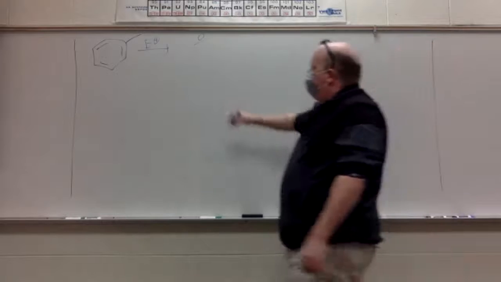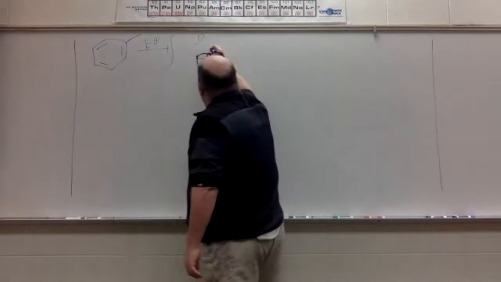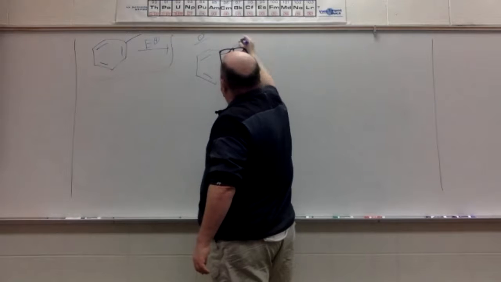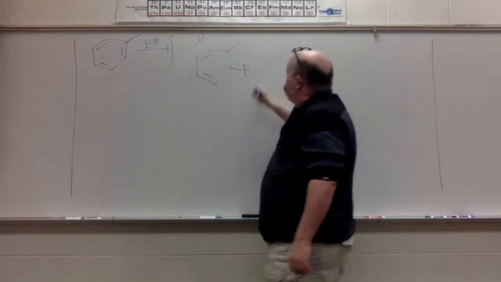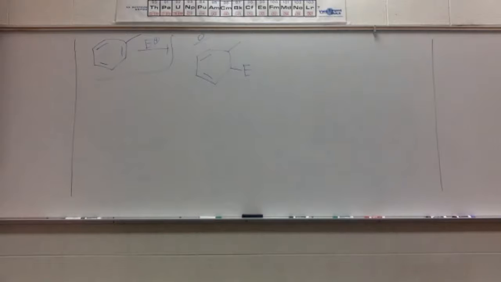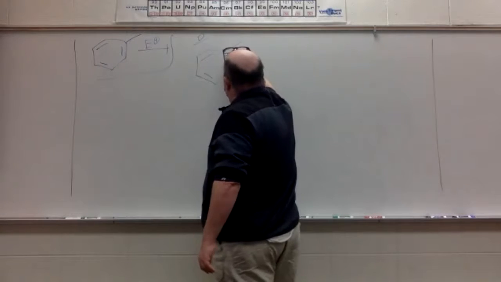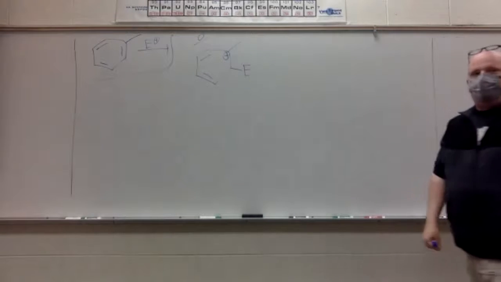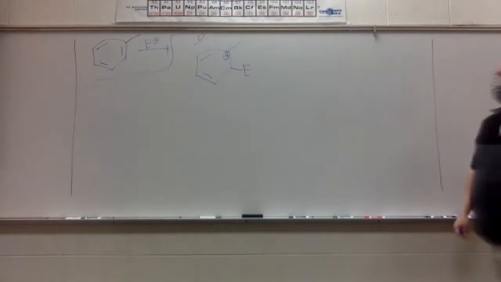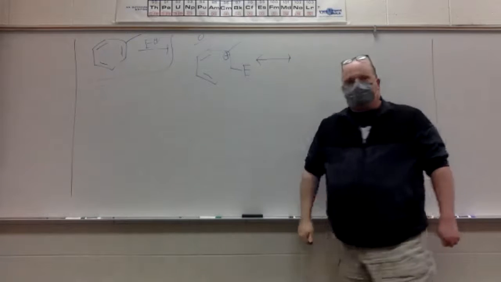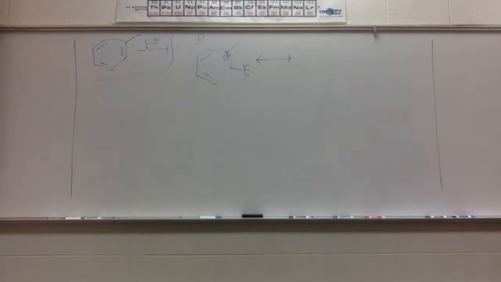Okay. So if we had an ortho attack, an electrophile is going to attach itself right there using these electrons, and it's going to leave a positive charge right there. All right, and then you draw resonance structures. How could we get the next resonance structure for this? What would we move around?